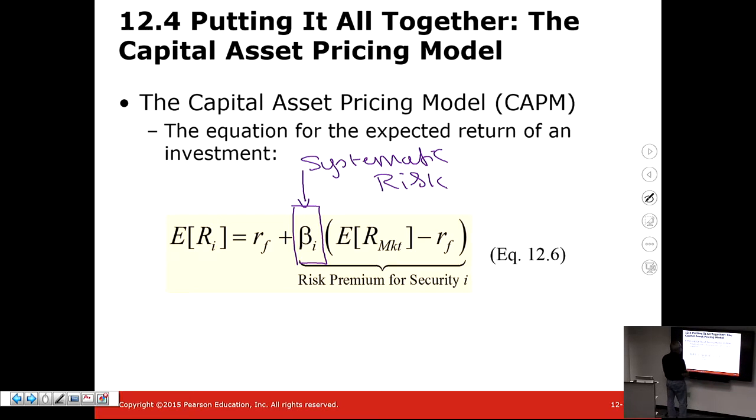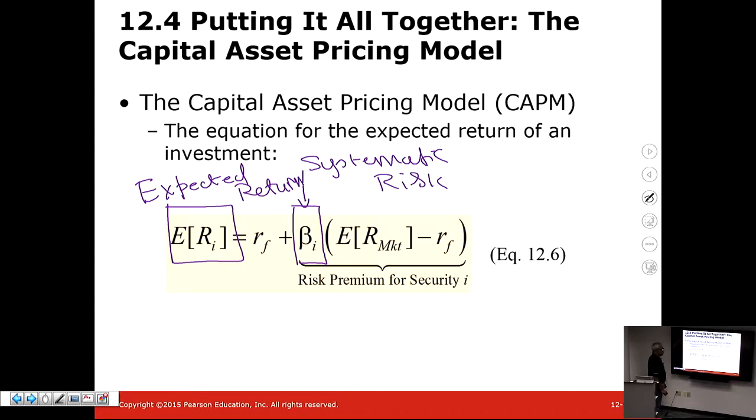I use it to measure expected return for that particular stock. So if beta for Apple is, let's say, 1.2, then I will use that 1.2 to measure what expected return for Apple ought to be.